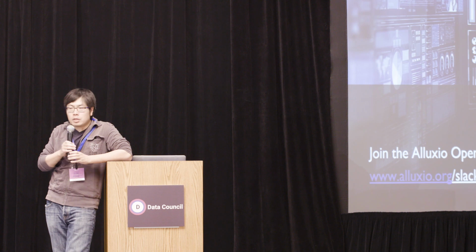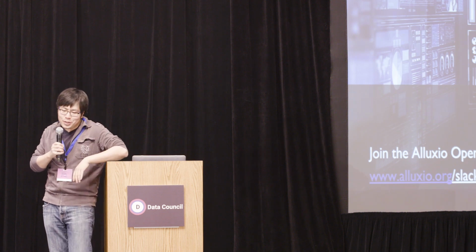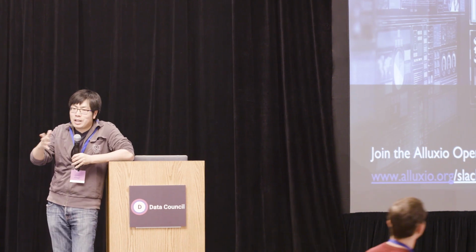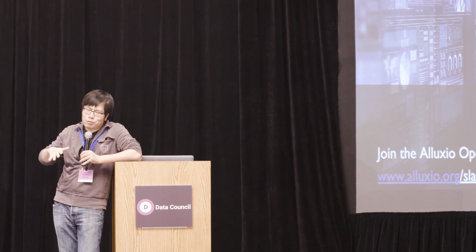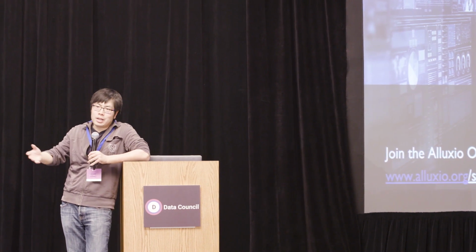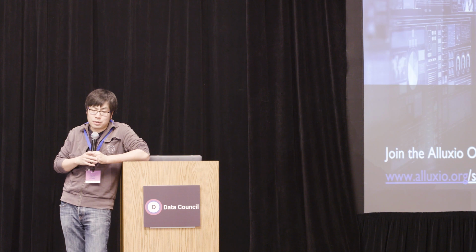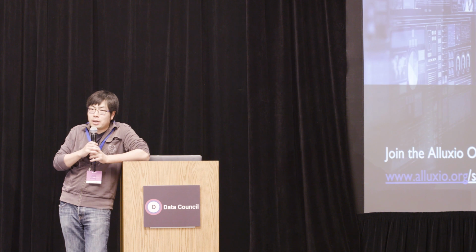there's some regulation in different countries about data encryption, like what kind of data you can put into different continents. We see cases like, for example, Barclays, where they need to make sure the data is encrypted and also only in memory to be compliant with the regulation.